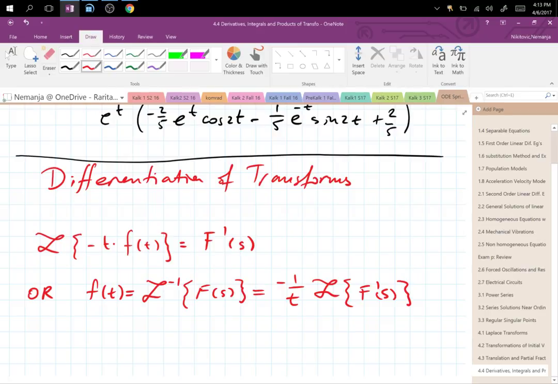Is this useful? I would say it's very useful, because remember that differentiating is easier than integrating, right?